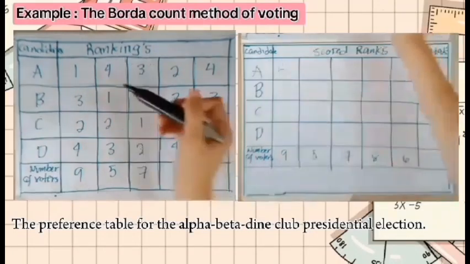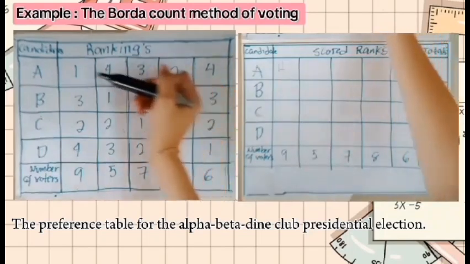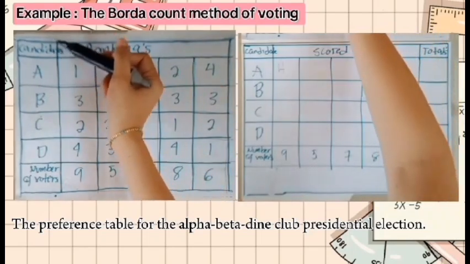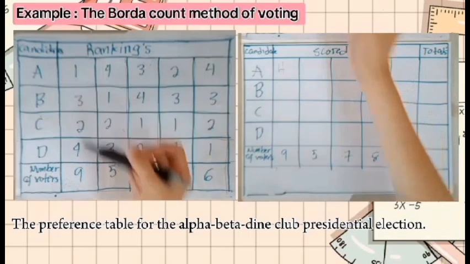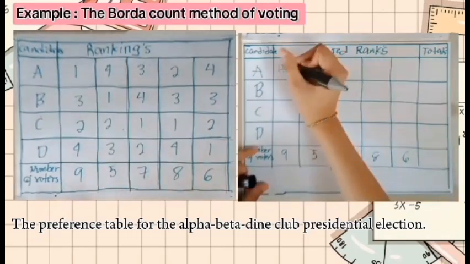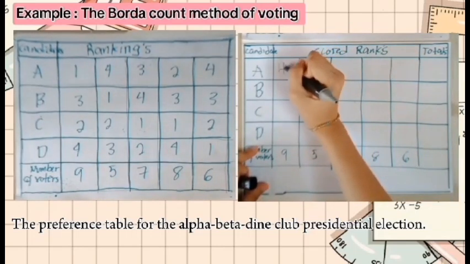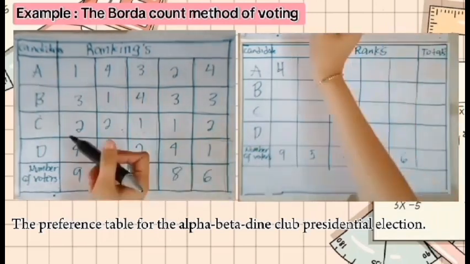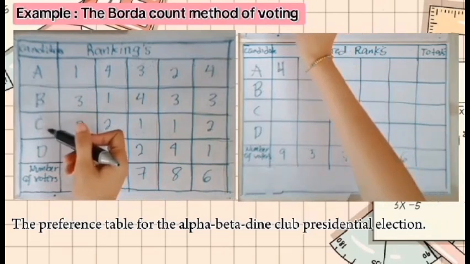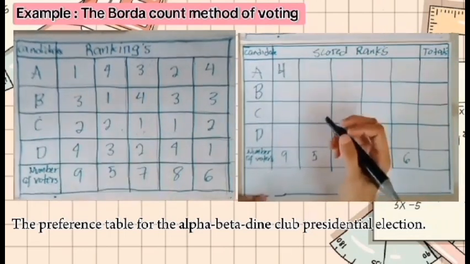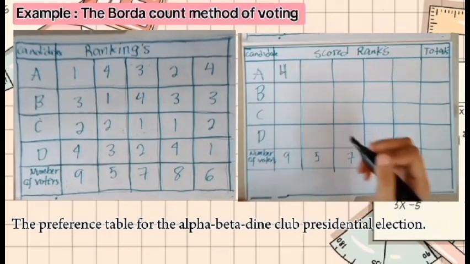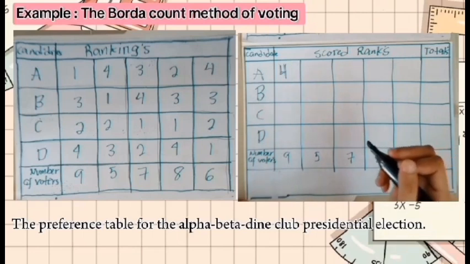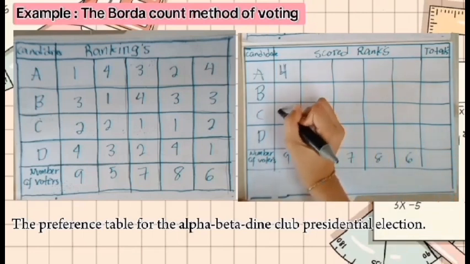Dito, nakita natin ito yung mga ranking niya. So, nakikita natin dito, si letter A ang naka-rank 1. So, bibigyan natin siya ng 4 points. So, si candidate C naman ang nakakuha ng second place. So, siya ang naka-rank 2, so bibigyan naman natin ng 3 points.